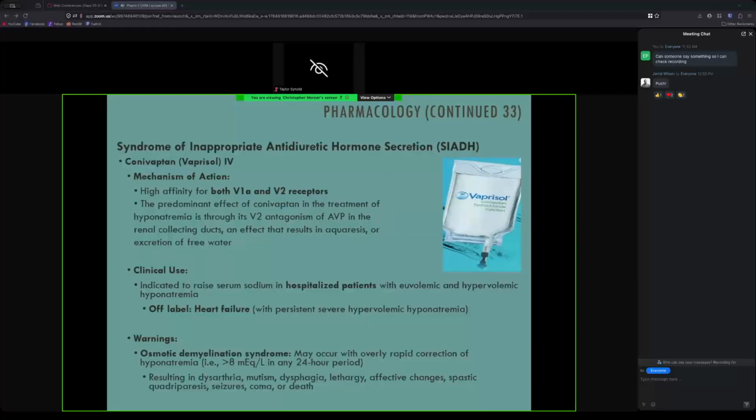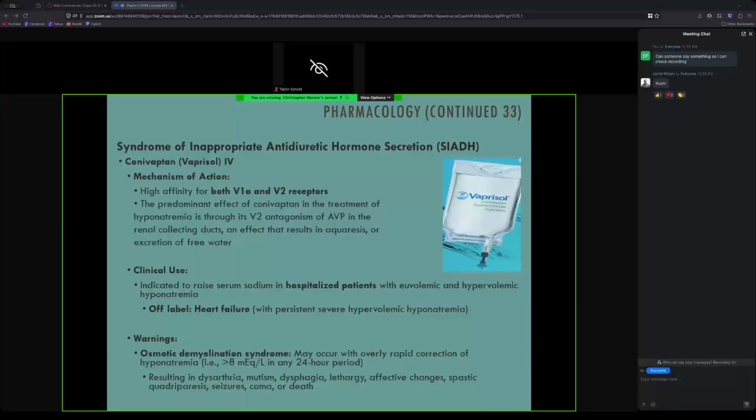So it's going to produce aquaresis, so free water is going to be excreted without a lot of electrolyte loss. So the key difference between the vaptans and a diuretic is that free water is going to escape with the vaptans, but there's not going to be a proportional electrolyte loss like you see with some of the diuretics.